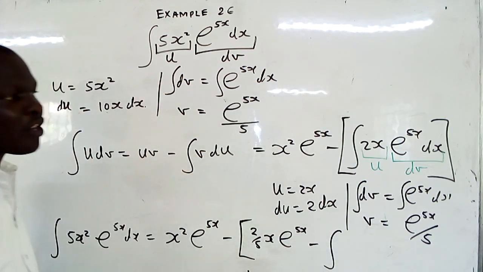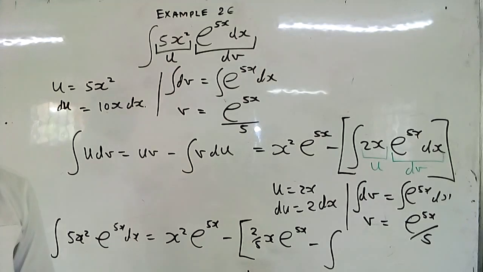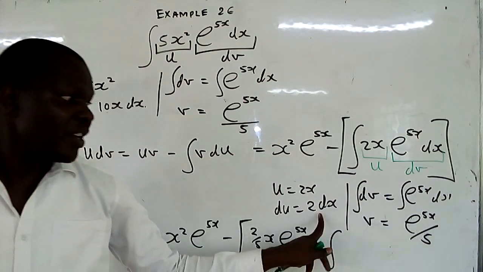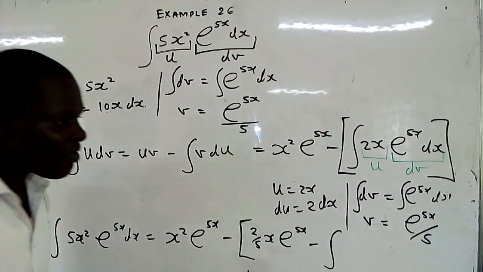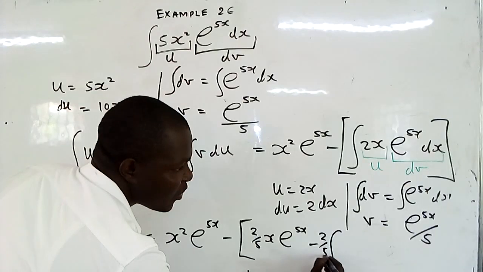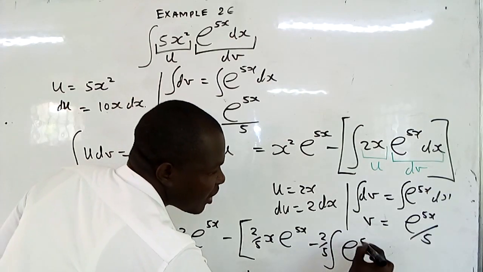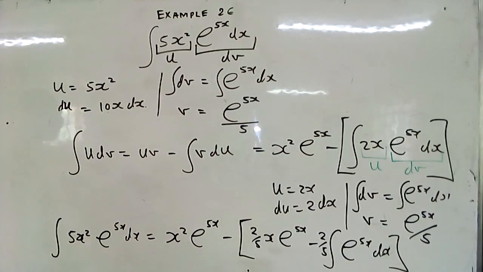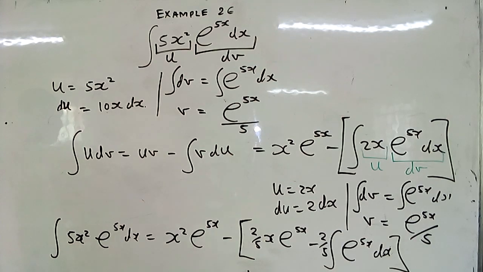Then minus the integral of v du, which is this times this. See, 2 over 5 is a constant. You take 2 over 5 outside, then you remain with the exponential 5x dx. You close that bracket. Are we together?